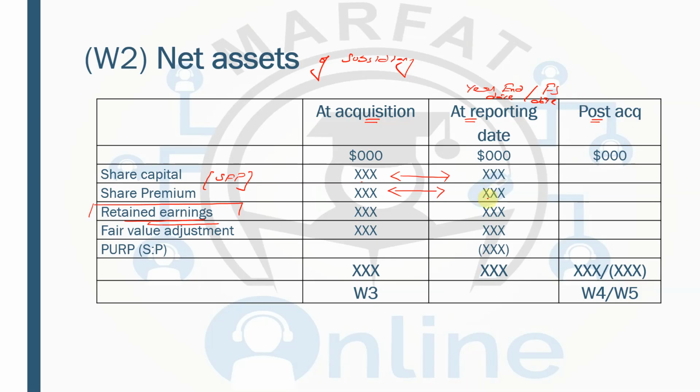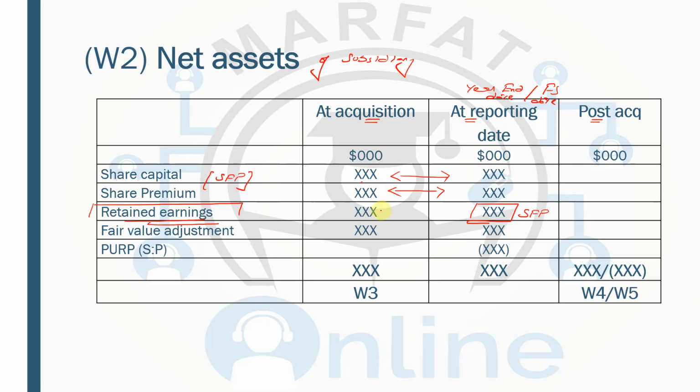Now you need to calculate the retained earnings. The retained earnings at reporting date is the simple thing. You can get it from the subsidiary statement of financial position. Go to the subsidiary statement of financial position and see over there the retained earnings. That is the retained earnings at the reporting date. Now from where can I get the retained earnings at acquisition?